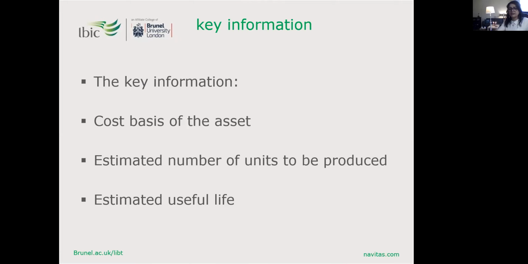And the last term is estimated useful life, which can be calculated based on the length of time that you expect to use that asset before it wears out and needs to be replaced. It can be difficult to figure out how long an asset can be used, although units of production depreciation isn't used for tax purposes.